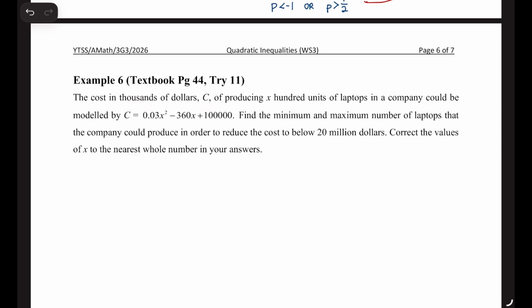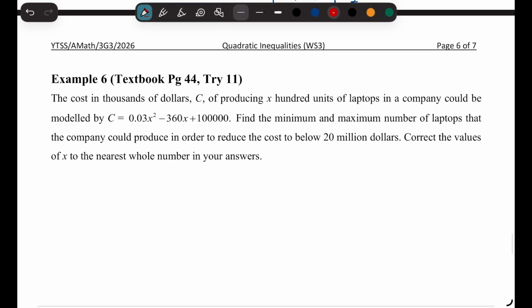If I want to have C below $20 million, let me write it out: for C to be less than $20 million. If I write it out in dollars, 20 million. Since C is in thousands, this means that C must be less than 20,000.